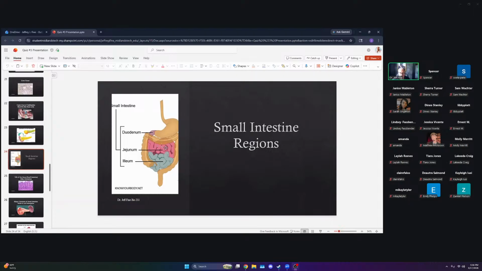Okay, so a significant difference in length between the jejunum and ileum compared to the duodenum. All right, so know the three regions of the small intestine. And again, we'll be talking more about them, so you should know them by then from multiple opportunities to hear and learn about them.